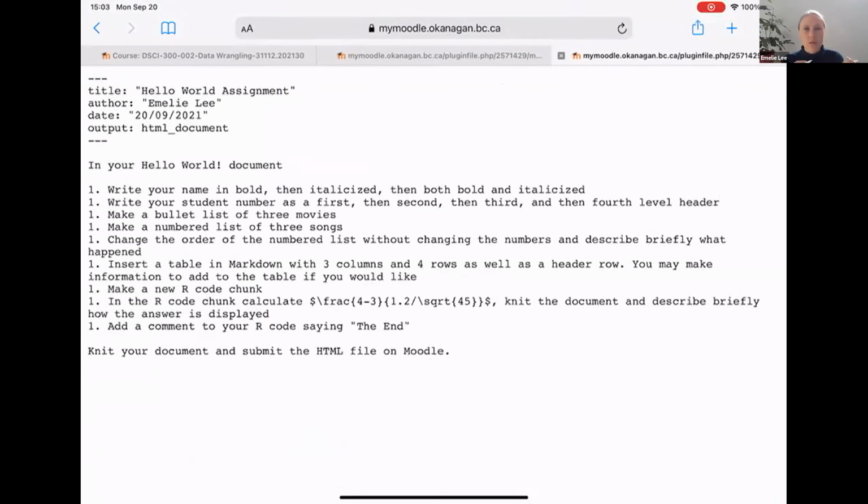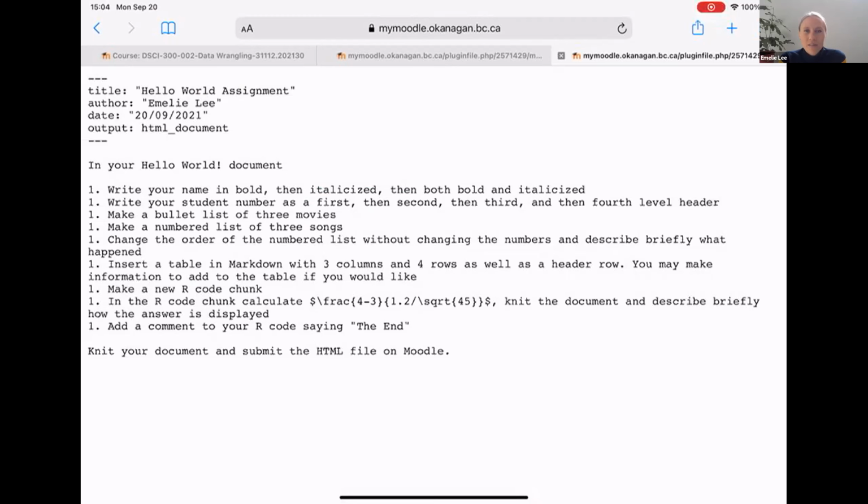So what you can do is copy all of that and paste it into a new Markdown document, right? So clear everything out, paste this in, or if you just want to start a fresh one and use these questions, that's fine too.